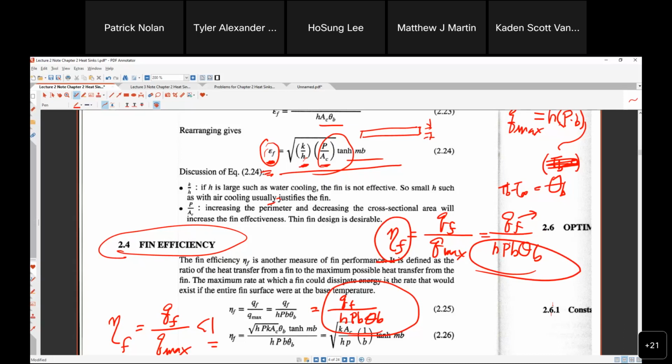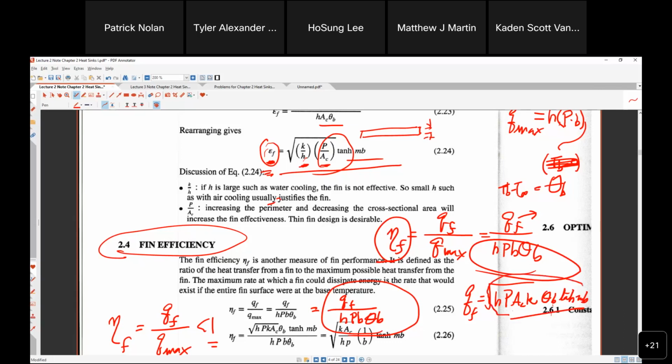Yes. So you have the equation with h, P, A_c, k, theta b, hyperbolic tangent mB.